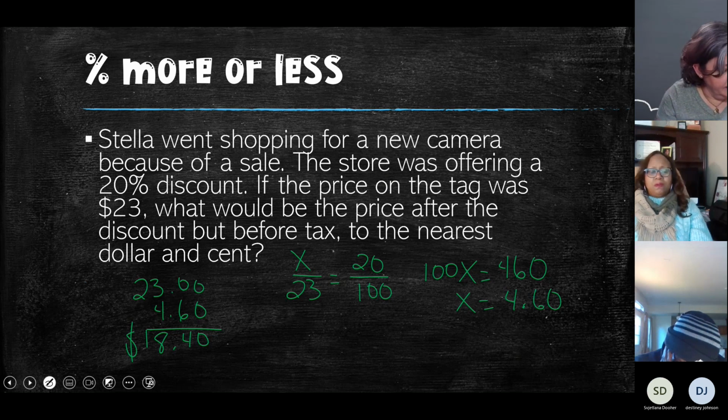Go ahead. So with $23, yeah, I can understand that. And then the 4.60, I understand that. We're trying to now see what would be the price after the discount to the nearest dollar and cents. So what was the trigger for us to know that you're subtracting 4.60 from $23? Because this is the discounted amount. The 20% that they're taking off is $4.60. So we're going to take the original price and subtract $4.60 from that. Okay.